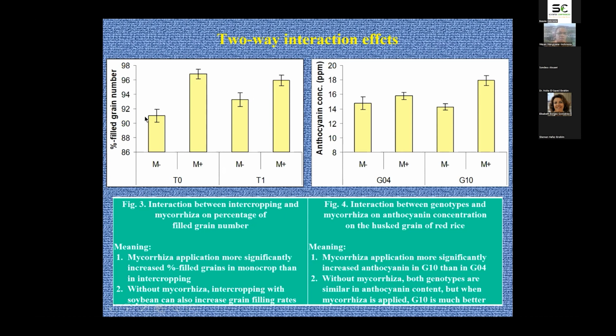Here, without intercropping and without mycorrhiza, the percentage is very low. We can increase it with application of mycorrhiza. But between the two genotypes, there is not much difference. Although application of mycorrhiza increased a little bit, here it's a significant increase.